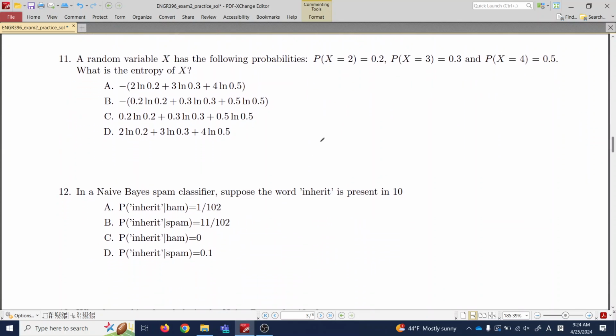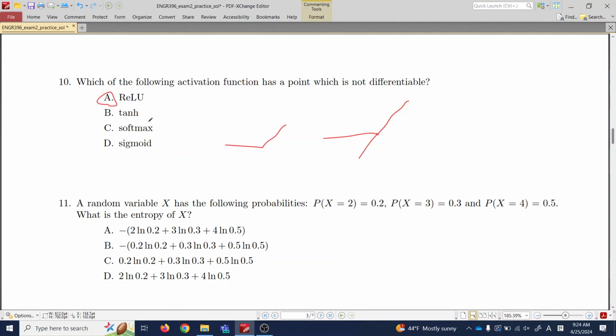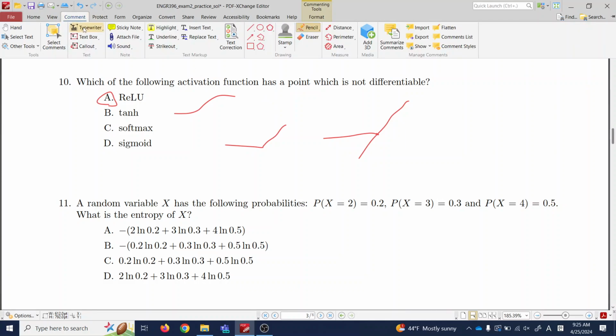Can you show us the other functions? Okay, tangent hyperbolic and sigmoid look the same, except that tangent hyperbolic goes between -1 and +1. So the minimum value is -1, +1 is the highest value. What was the function for tangent hyperbolic? I'll just write it.